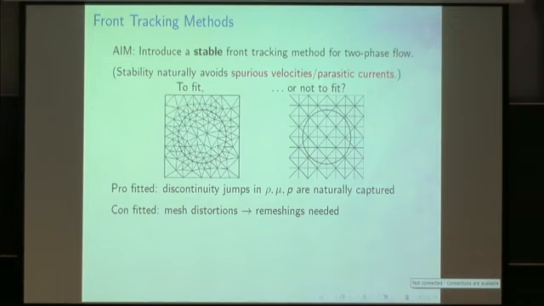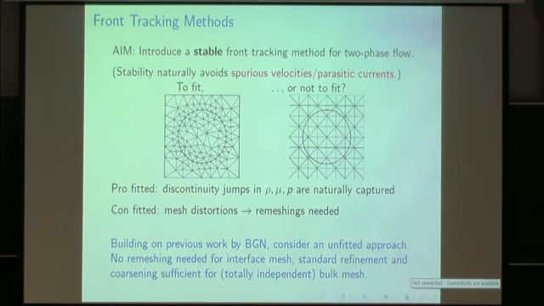For the unfitted method, you have two completely independent meshes, one for the interface and one for the bulk. So you can use standard refinement and coarsening procedures in the bulk, and the main downside here is that you have to really deal with the interaction of this independent interface with your bulk quantities, which can be a bit fiddly.